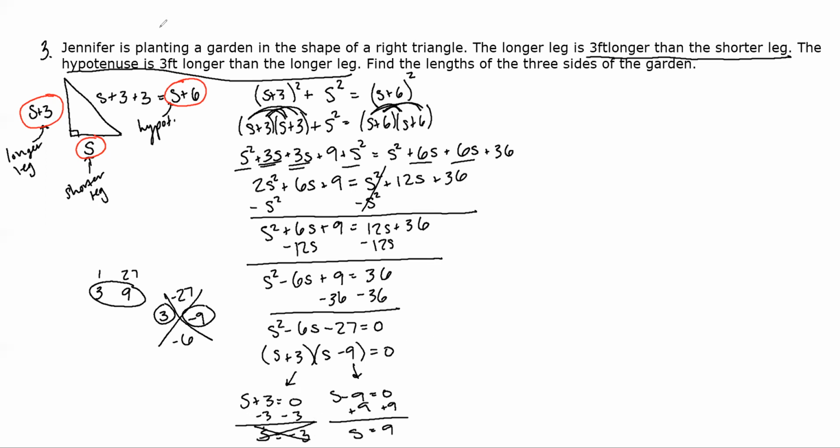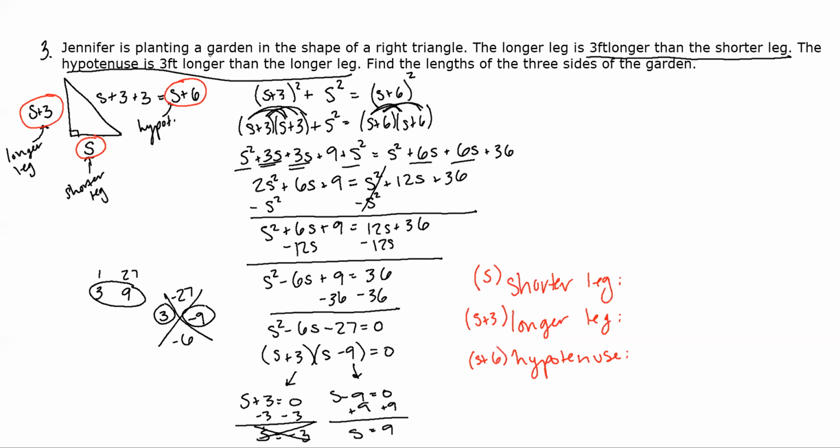So if I go ahead and write our solution over here, we're going to have the shorter leg, longer leg, and the hypotenuse. So the shorter leg is just s. Longer leg from over here is s plus 3. And the hypotenuse was s plus 6.